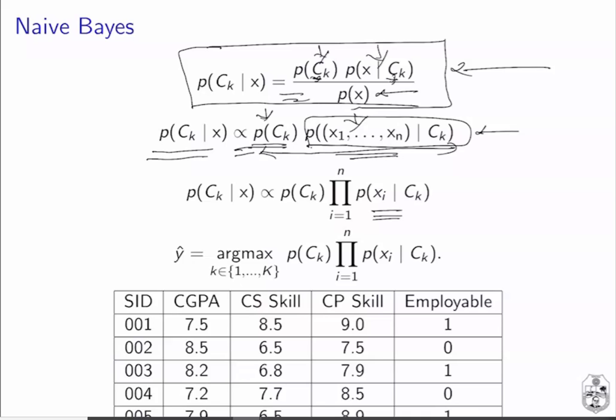Suppose we want to calculate the posterior probability for this particular third student ID.